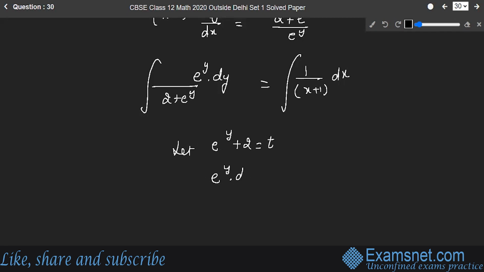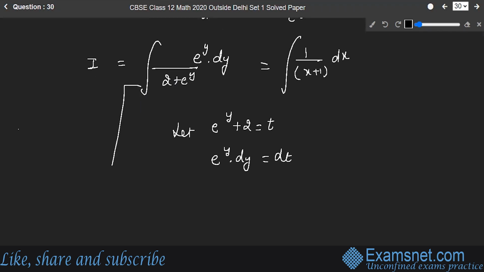So e raised to power y dy is equal to dt. So this integral, let's say this is equal to I, and this integral now will become 1 upon t dt is equal to dx upon x plus 1.